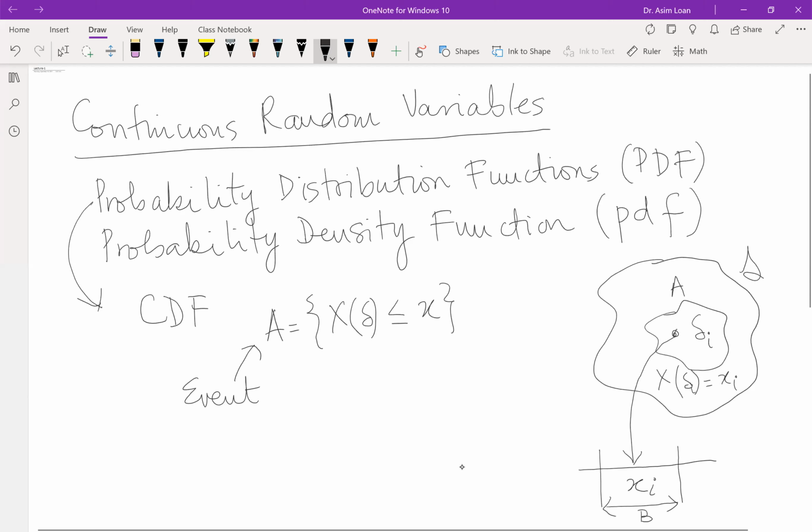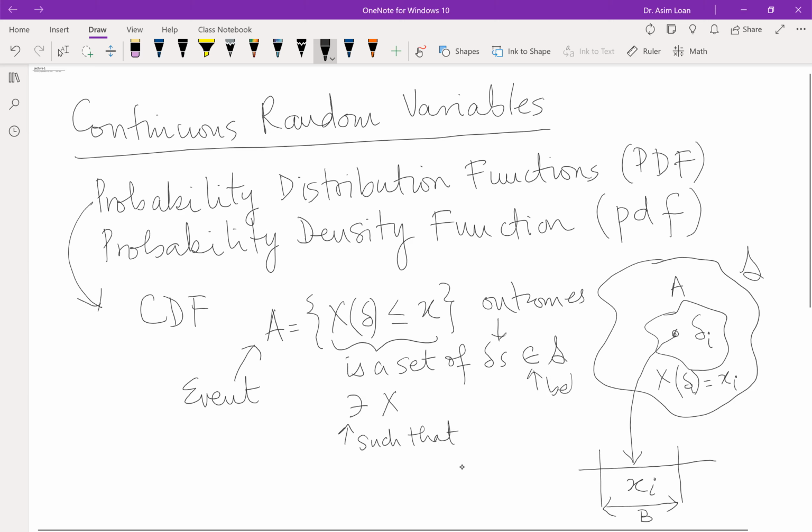So X of delta less than or equal to x is the set of deltas, deltas meaning outcomes, belonging to some sample space, such that X of delta is less than or equal to x.